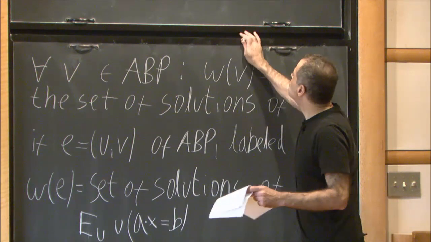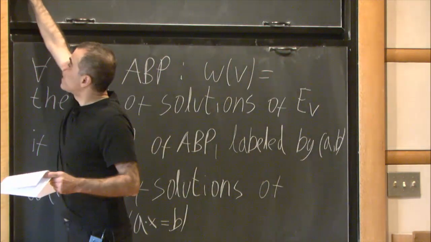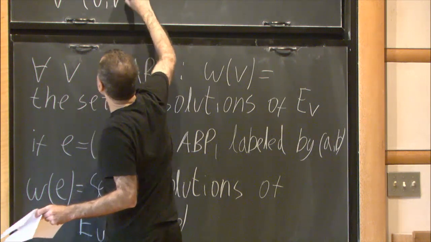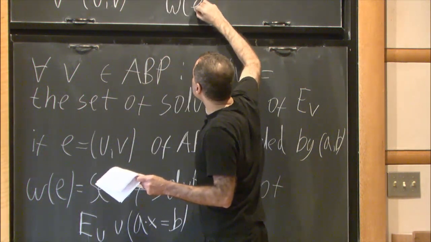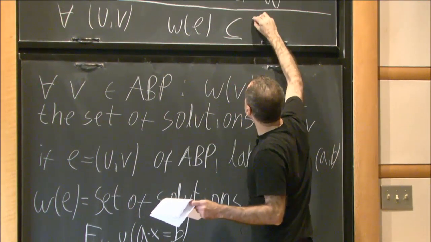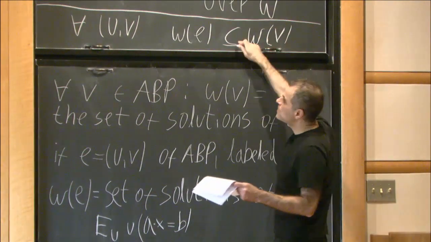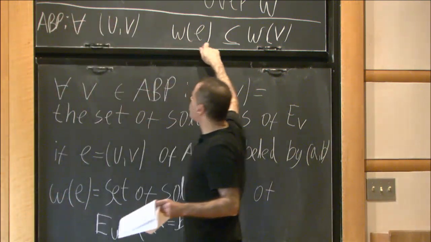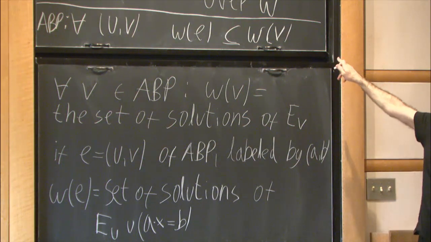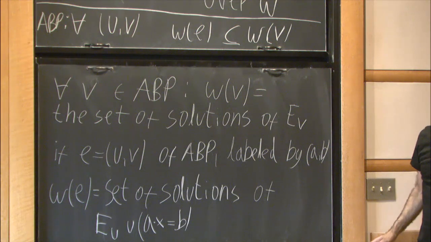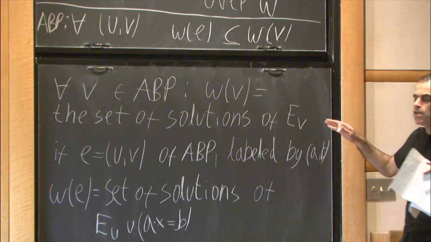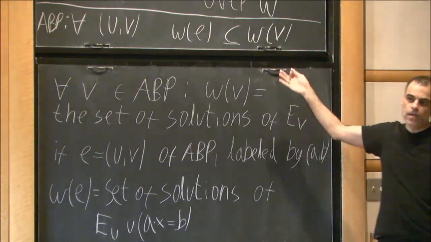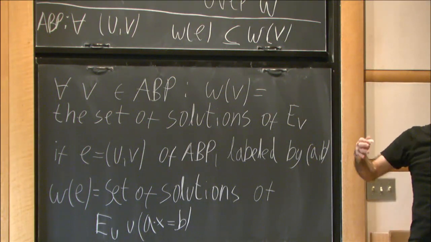Now we can write the main condition of an affine branching program in this language: for every edge (U, V), W_e is contained in W_V. If you know that x is in W_e, you can forget and say we are in W_V.